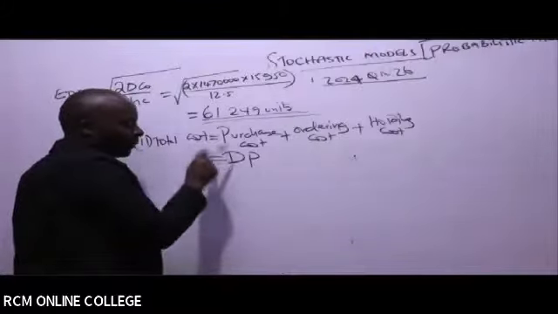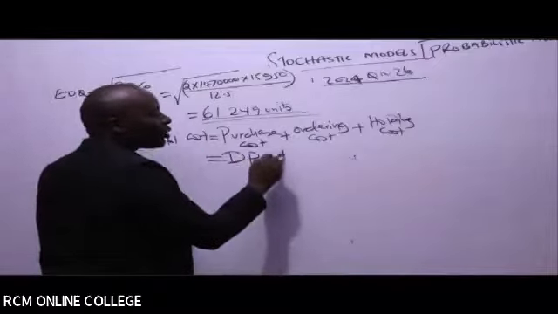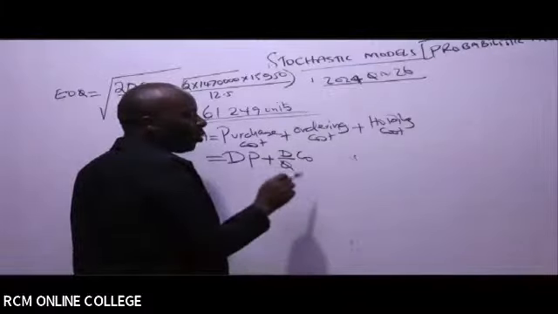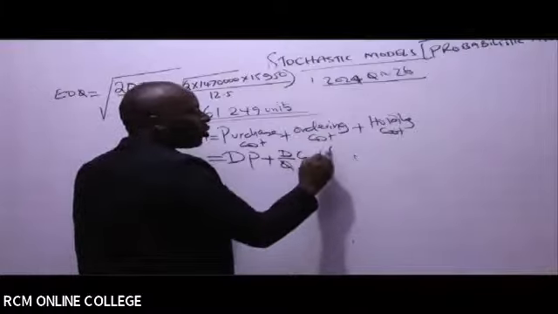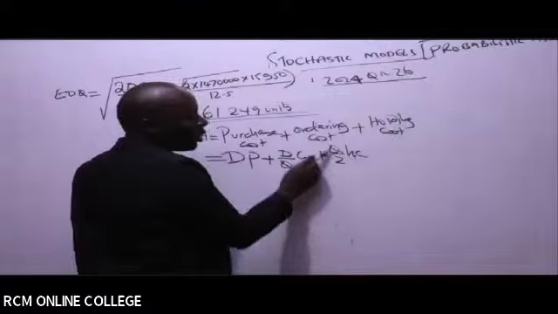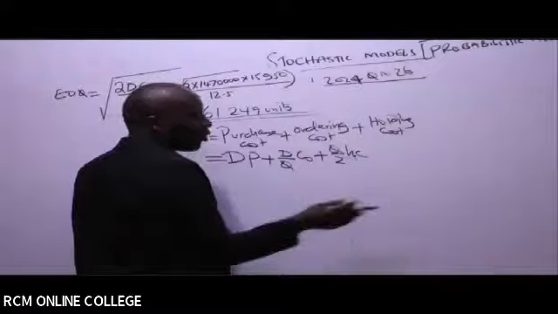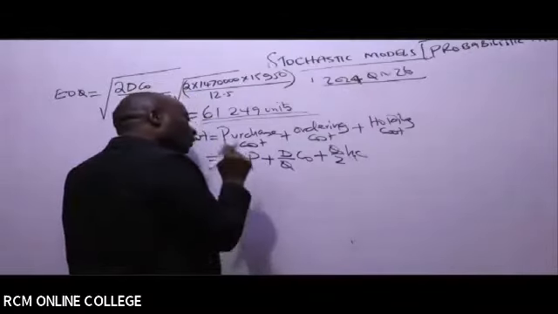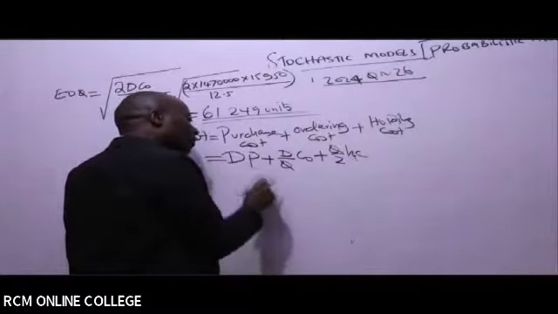Ordering cost is all about the number of orders times CO. And then holding cost is normally based on average stock, Q/2, where Q is the economic order quantity. I will always use this formula whenever the examiner wants me to ascertain the cost, or to get total cost.